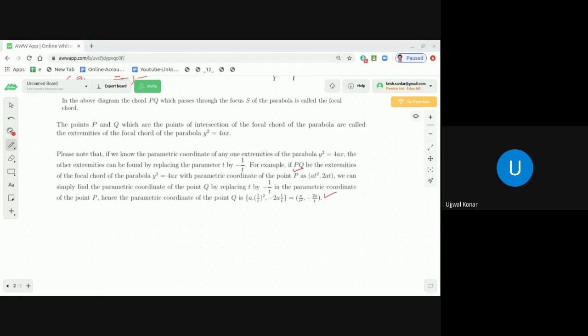Our next point of discussion is called the focal distance, and we are going to discuss it in detail, dear students.